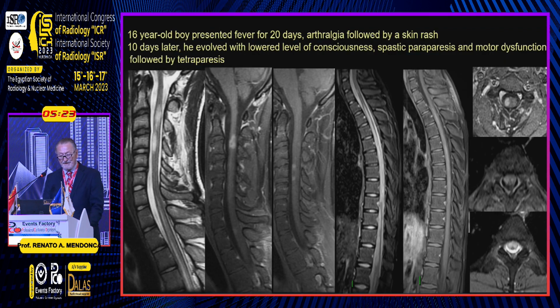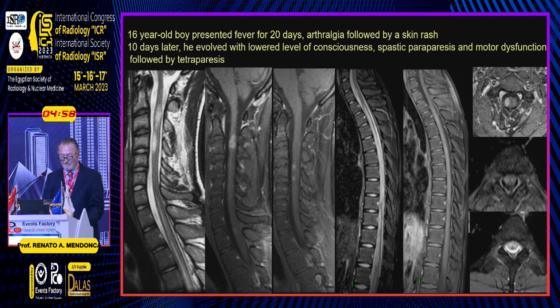But see, again, this is a 16-year-old boy with fever for 20 days, followed by a skin rash. 10 days later, he evolved with lowered level of consciousness, spastic paraparesis, and motor dysfunction, followed by tetraparesis. So we have involvement of the central and lateral portions of the spinal cord.